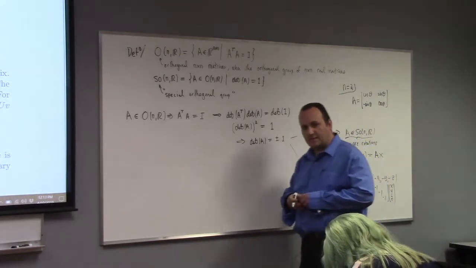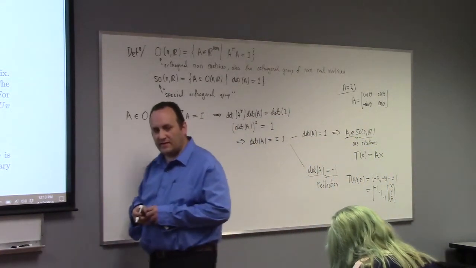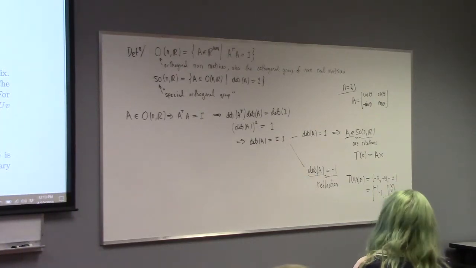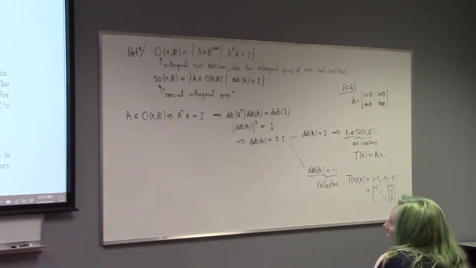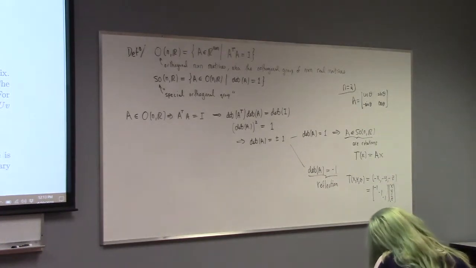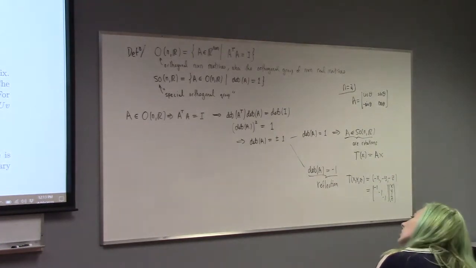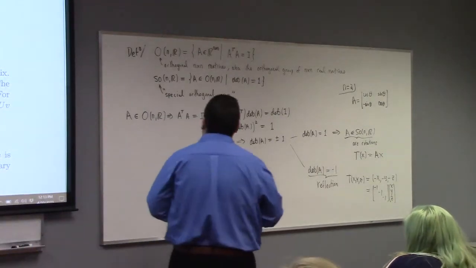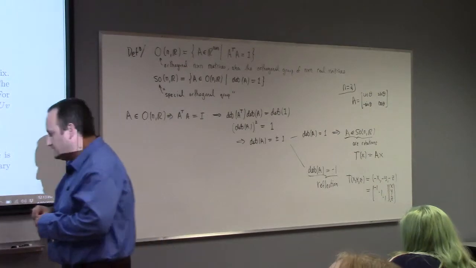That matrix, the 3 by 3 matrix with minus 1s on the diagonal, would be an example of a reflection matrix. The determinant of that is minus 1. And if you multiply that times its transpose, you get back to the identity. So that's in O(3, R). All right? This would be an example of a reflection. Okay, so that's what that is.